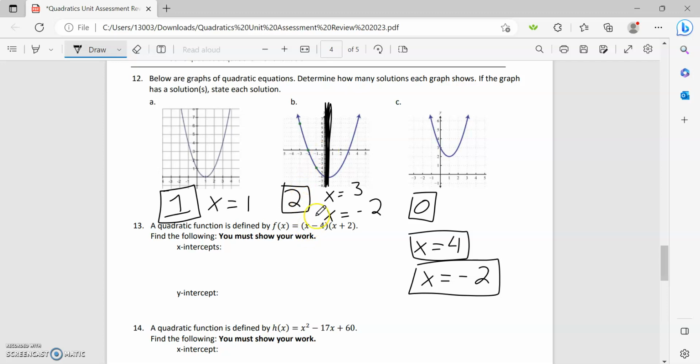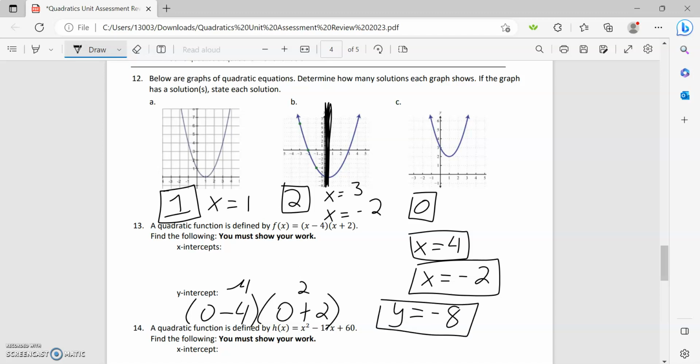So 0 minus 4 times 0 plus 2. I've plugged in 0. What value do I get out? That's where I cross the y-axis. So 0 minus 4 is -4, times 2, so that's -8. So y equals -8 is my y-intercept.